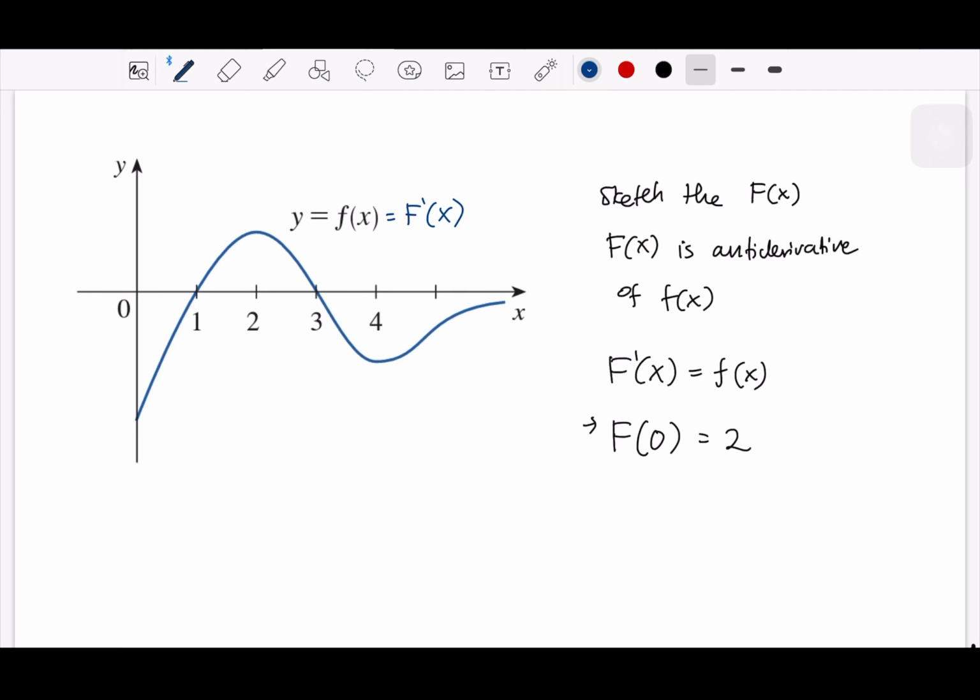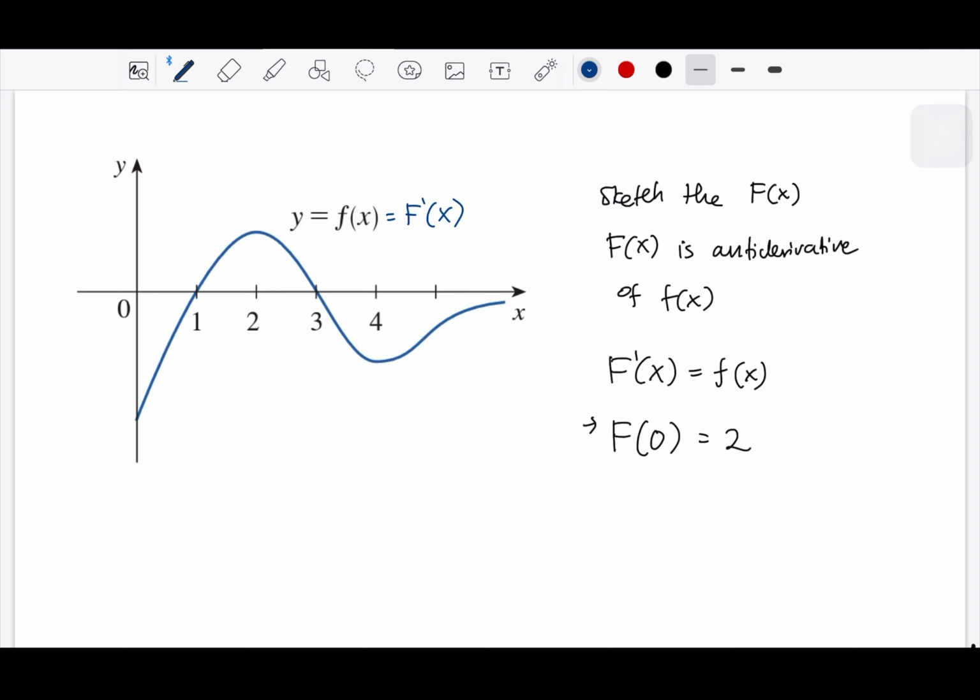If we start from this visual, it's actually the same thing that we did before, but just reversing the process. If this is the F prime of x, we know the increasing and decreasing function already, right?